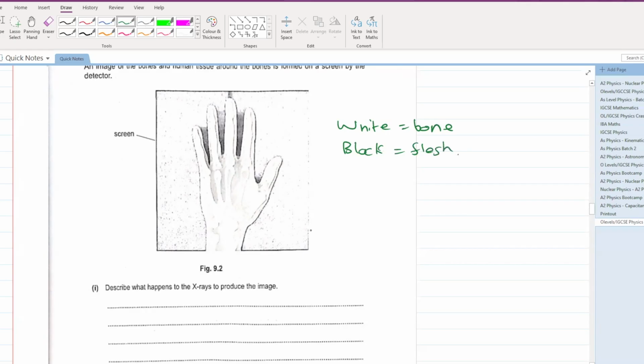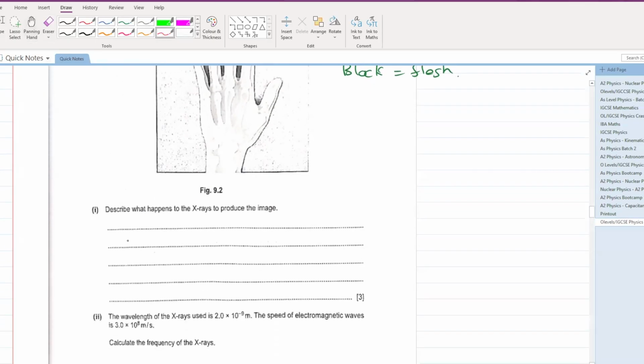Describe what happens to X-rays to produce the image. What should happen to X-rays to produce this image? The X-rays are blocked by the bones, hence they produce a white image.